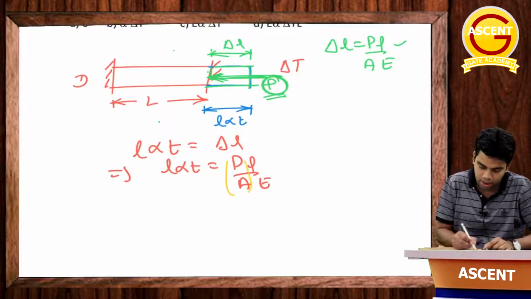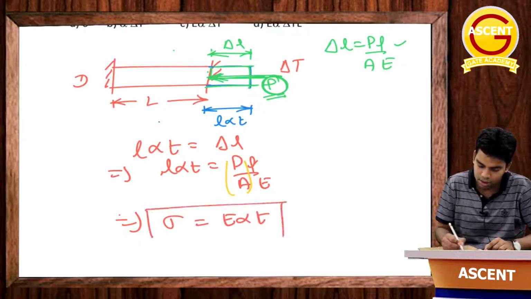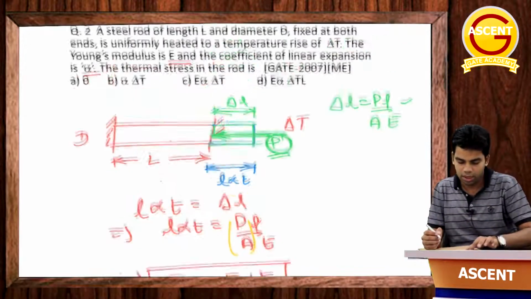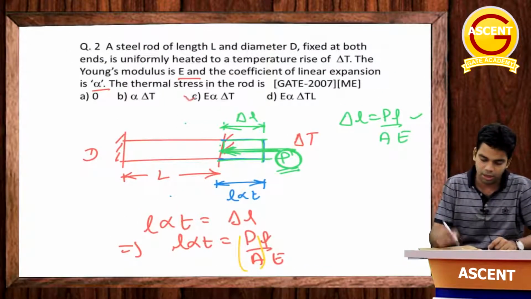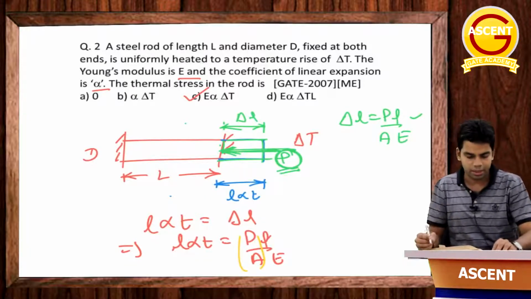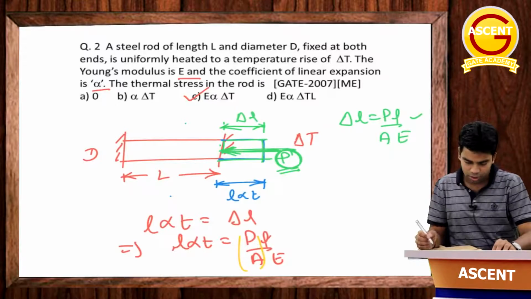The L will get cancelled out and you will get stress sigma equal to E alpha delta T. This is the direct formula for the stress if the rod is fixed rigidly between two ends. Answer is C. I just told you the process, otherwise you can directly write it. Getting this? Okay, next question.